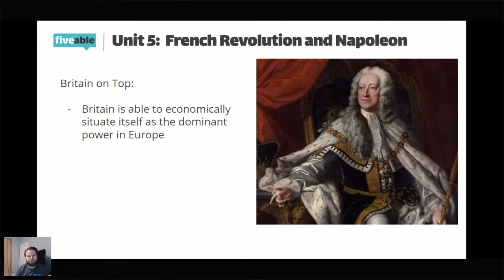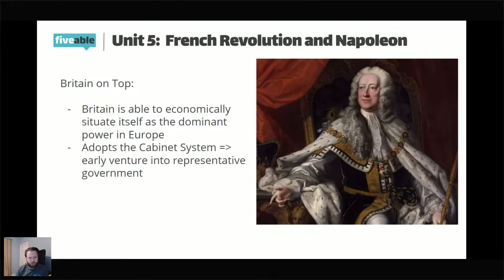This is going to really allow them to pull away from the rest of the pack, and they just dominate trade in Europe. They also adopt the cabinet system. This is early representative government with Parliament and the king really working together here, and limiting the Parliament, thus limiting the power of the king.